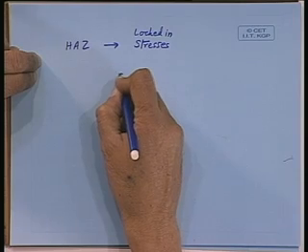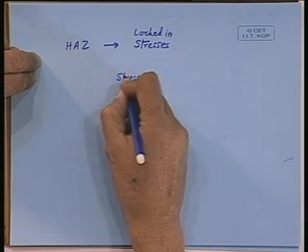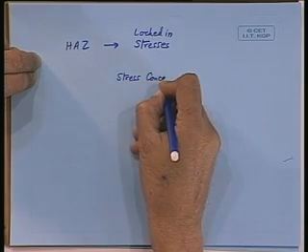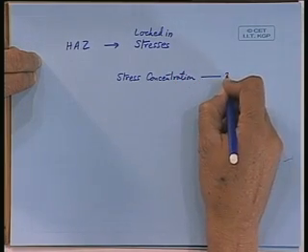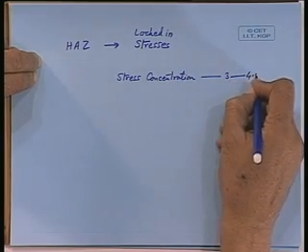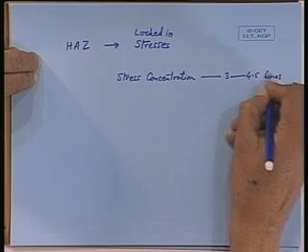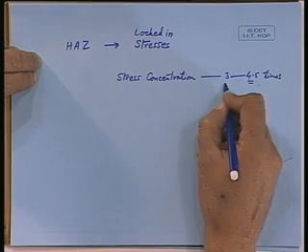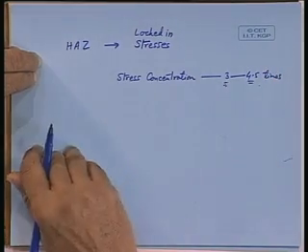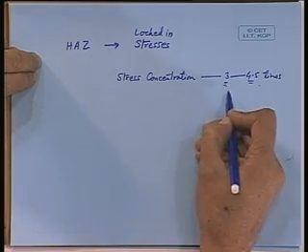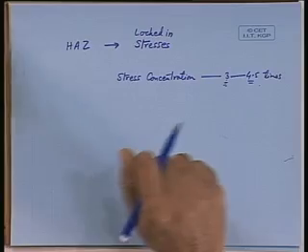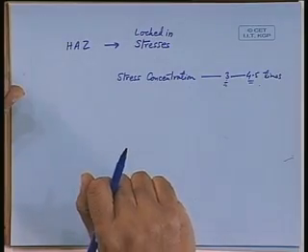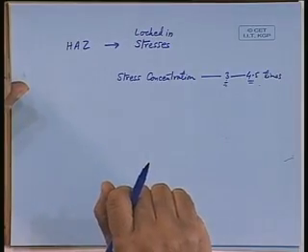So, the stress concentration is 3 to say 4.5 times. It is never less than this. This is the lower limit, it can be anything in between, maybe 3.5, nearly 4.